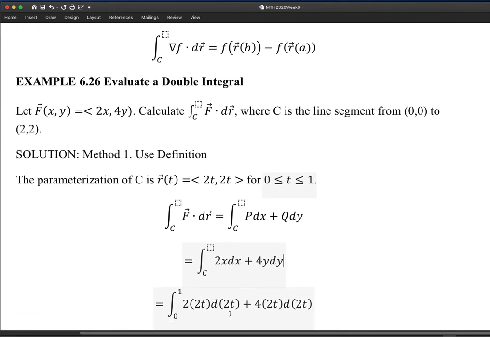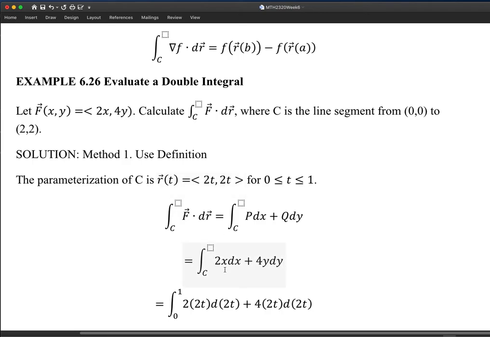So the next part, what I want to consider here is the parametric equations of the line segment. I wrote the parametric equations for this line segment in the very beginning: x is 2t, y is 2t.